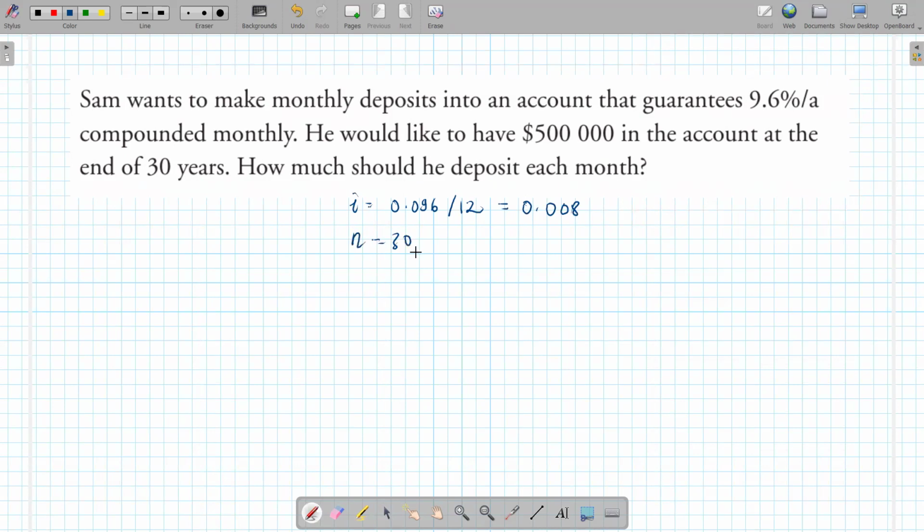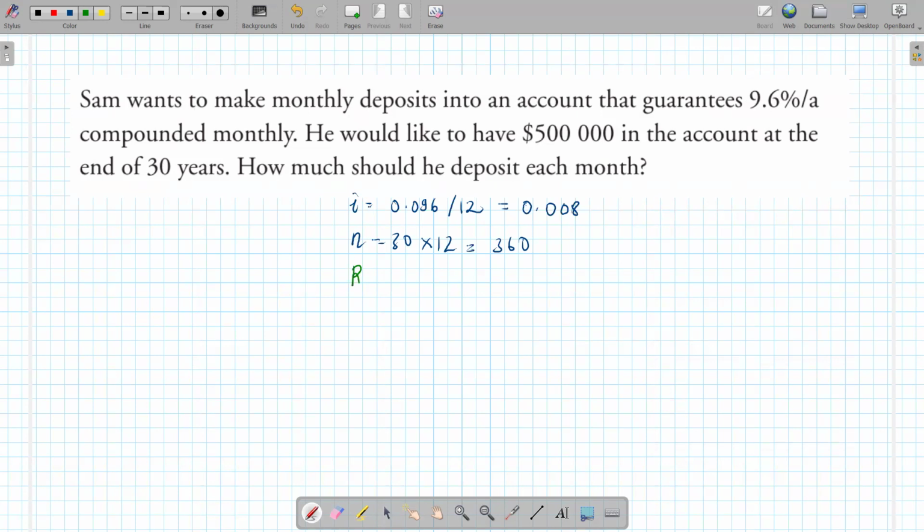What do we multiply this by? By 12. That's a lot of compounding periods, 360 compounding periods. What else do we know? We are trying to find the monthly deposit. That's your annuity.